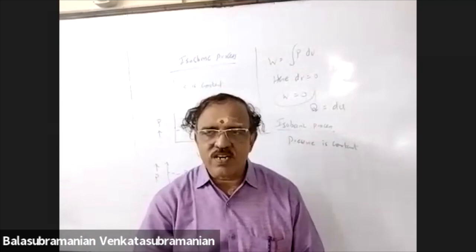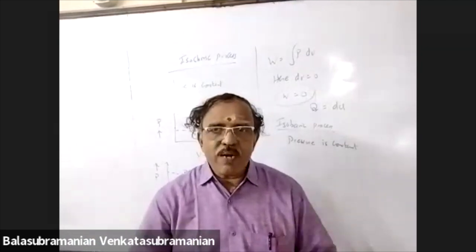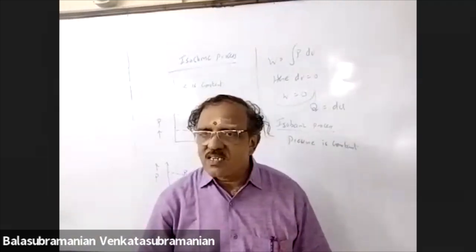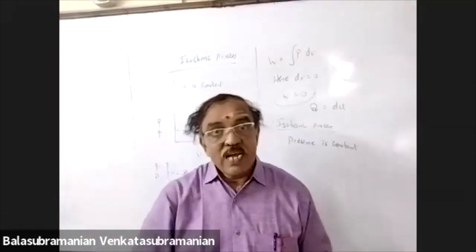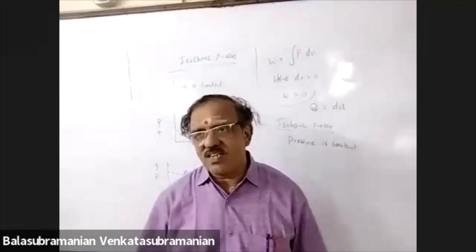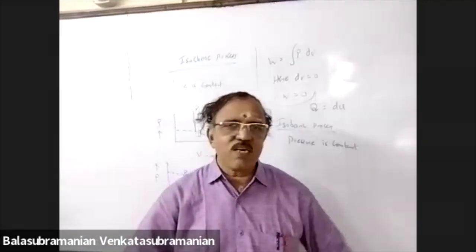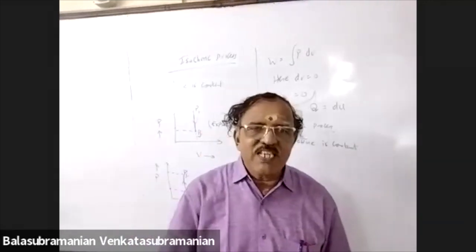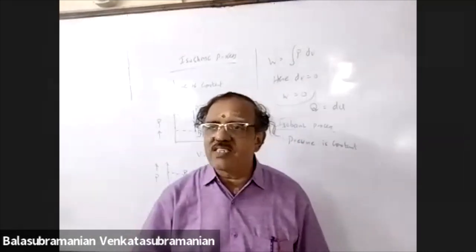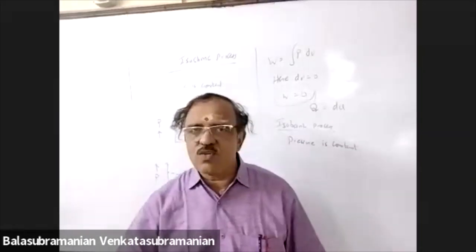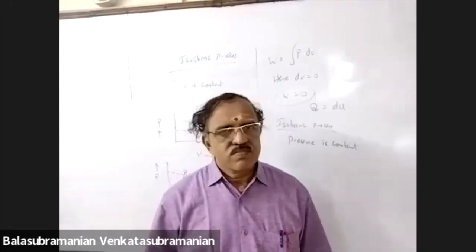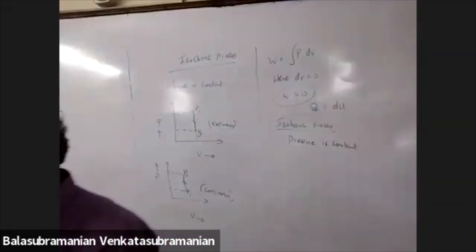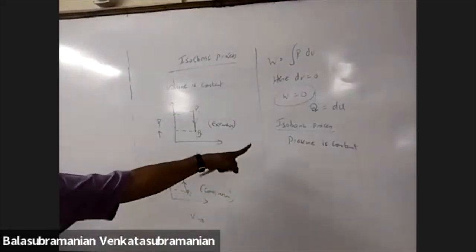What is the meaning of open? Open means pressure constant because it is open to atmospheric pressure. Temperature increases, that is different. We are not talking about temperature. Pressure is constant, volume decreases or increases. Change in volume, pressure constant. Correct? So that is called isobaric process.